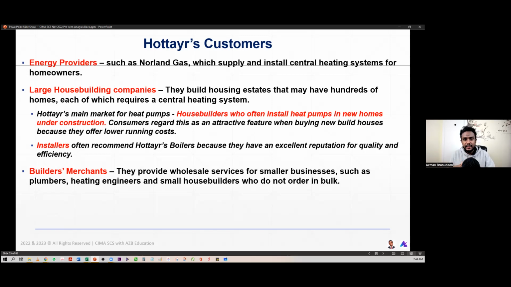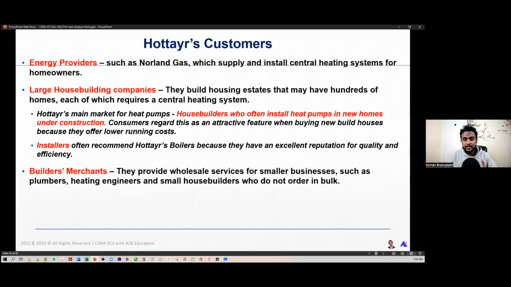As much as possible, house builders are installing heat pumps rather than gas boilers because of environmental consciousness and long-term efficiency. If you look at the long-term cost as well, there are definitely benefits. So they have a tendency to go for heat pumps. That's a good thing. And installers often recommend our boilers as well. Whenever boilers are being considered, these installers tend to recommend our products.